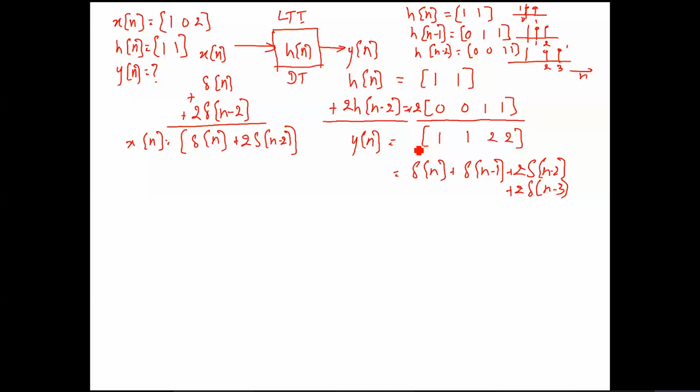So either we can write it as this or write it as this. Right? So this is one example of solving if we are given x of n and h of n. We will see how this can be done.